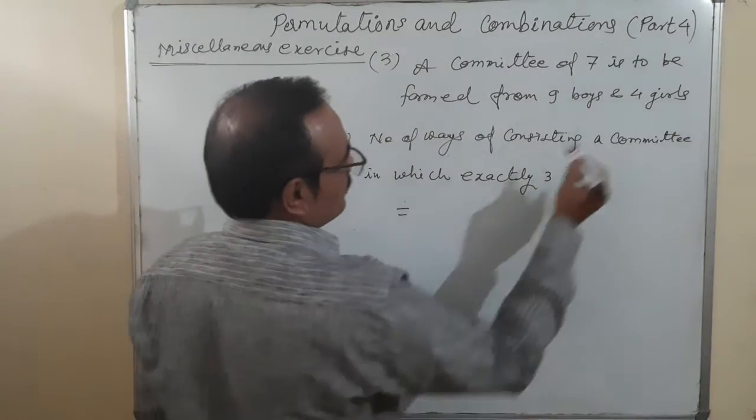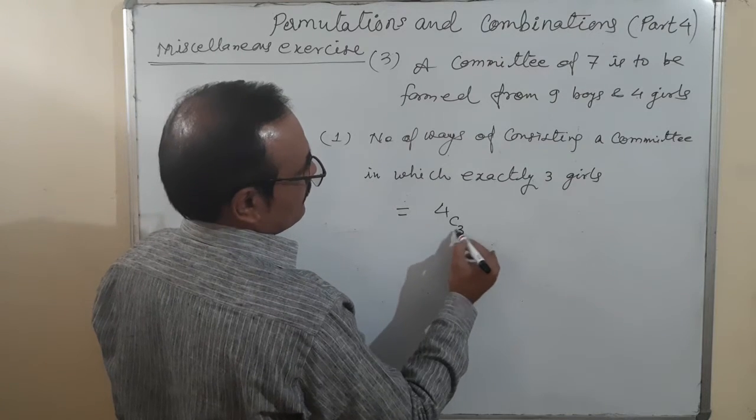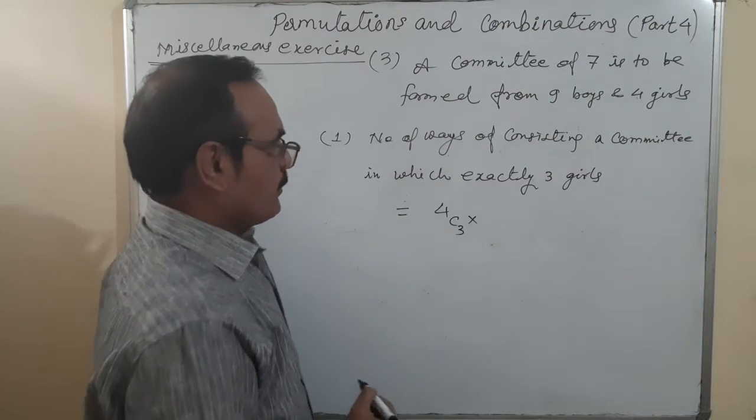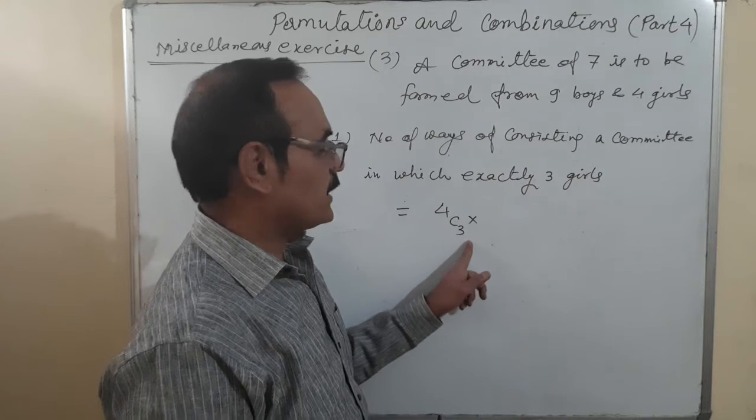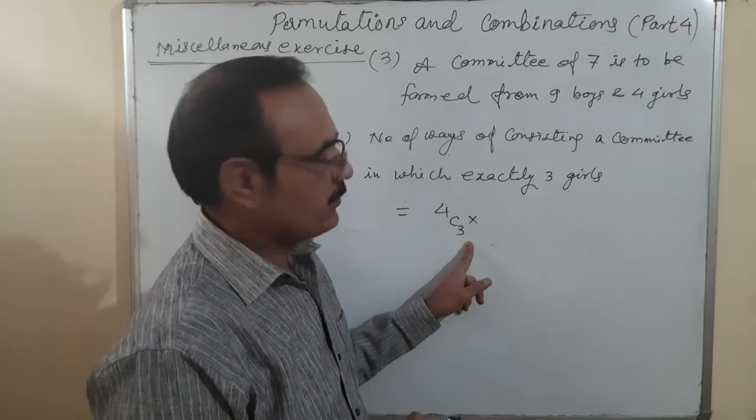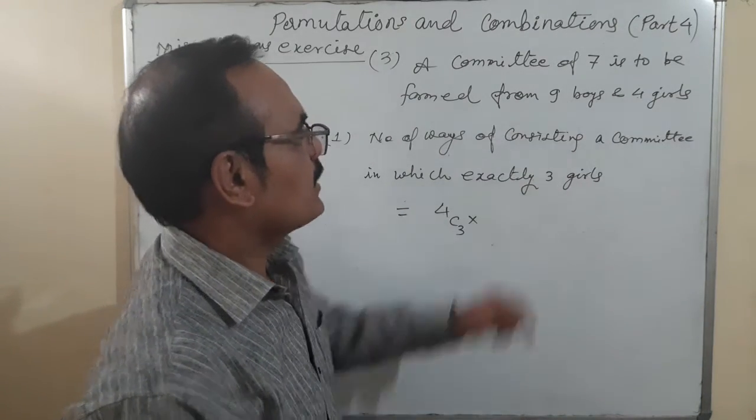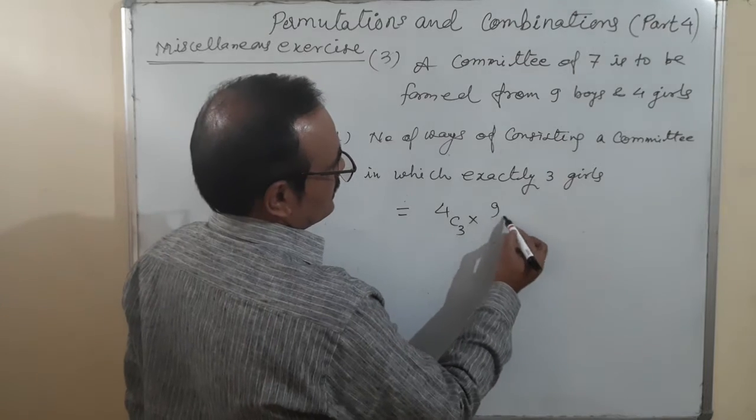How many girls are there? 4. So 4C3 multiplied by, because the committee has 7 members and 3 girls are already selected, how many are left? 4. And these 4 will be selected from the boys. So 9C4.